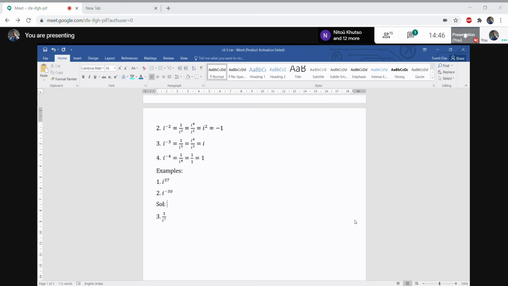Okay, so you can see i to the power 30 equal to, we can write, 1 by i to the power 30. Whenever this kind of thing comes, 1 divided by i to the power 30.